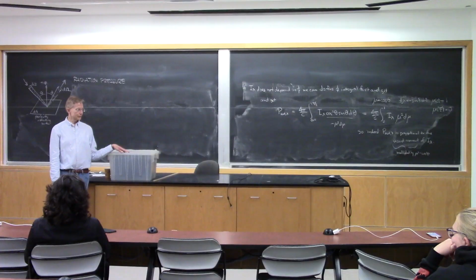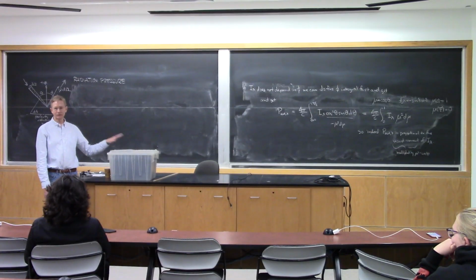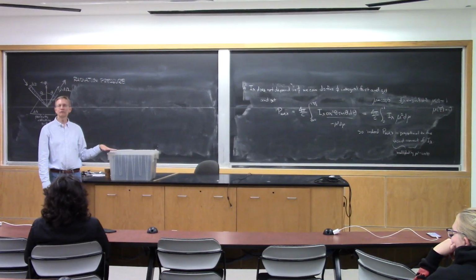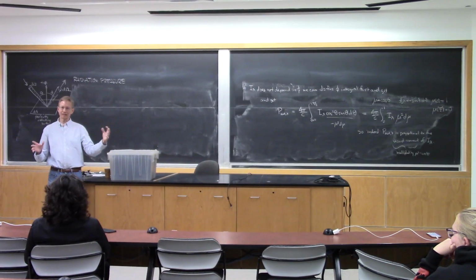But if the pressure is uniform, if there's no net momentum transfer, there's just as much positive momentum flowing into it from some surfaces as out of it from other surfaces.